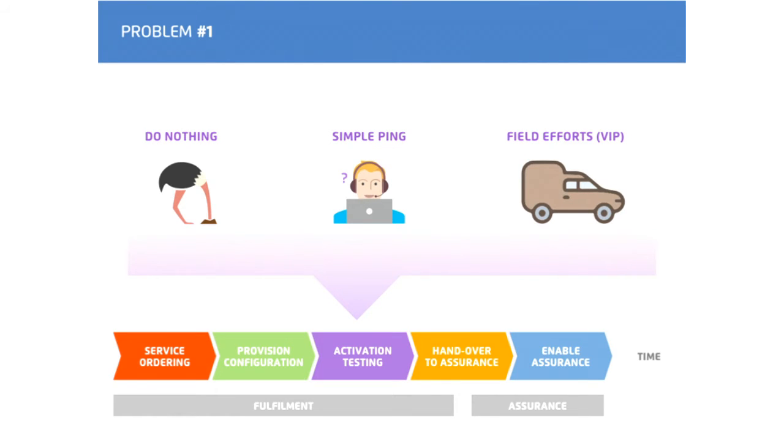So this means that a certain percentage of all deliveries are not done right the first time, and faults will slip through. And with an increasing number of changes and deliveries, even this small percentage will result in a substantial absolute number, which drives costs for field efforts and causes delays in delivery times. So our overall goal of the PoC is that all deliveries of services should be tested using software-based agents.